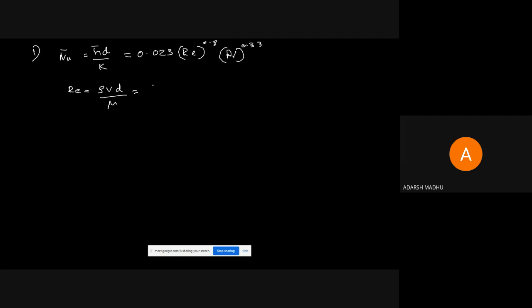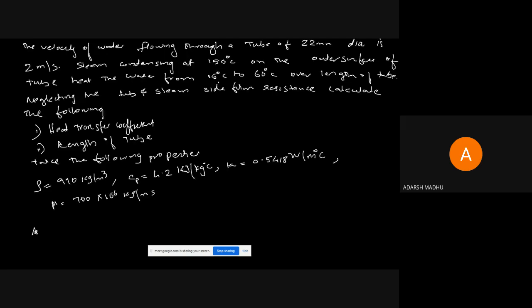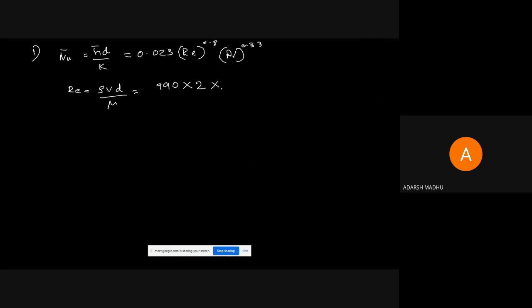The density is 990, into velocity 2 meter per second, into diameter 22 mm, that is 0.022 meter, divided by mu, which is 700 into 10 raised to minus 6.